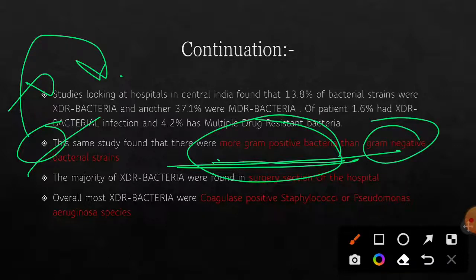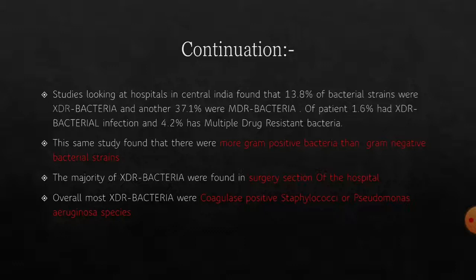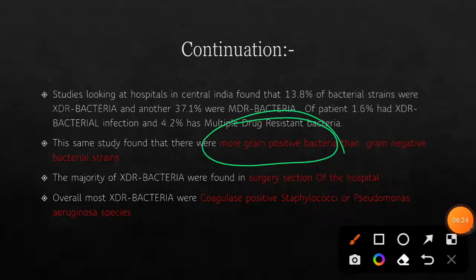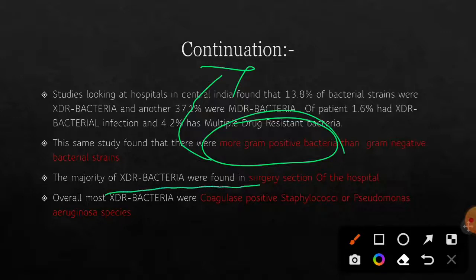That is quite weird, because we have seen natural resistance in gram negative bacteria, but here gram positive bacteria are more susceptible to getting XDR drug resistance. The majority of XDR bacteria were found in the surgery section in hospitals, and overall most XDR bacteria are either coagulase positive staphylococci or Pseudomonas aeruginosa strains.